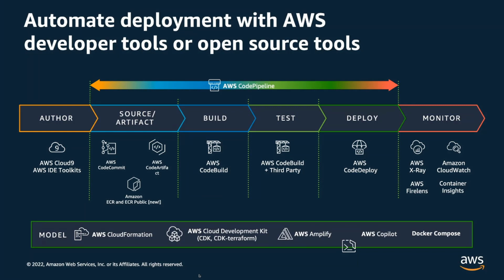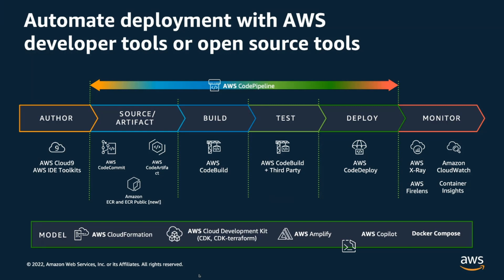AWS provides services for modeling your application and its infrastructure. This is where we look at services like CloudFormation, the CDK, AWS Copilot, Docker Compose, etc. We also have services for source code and container artifact management like ECR and AWS CodeCommit. AWS CodePipeline integrates nicely with GitHub, for example, as an open source external alternative.